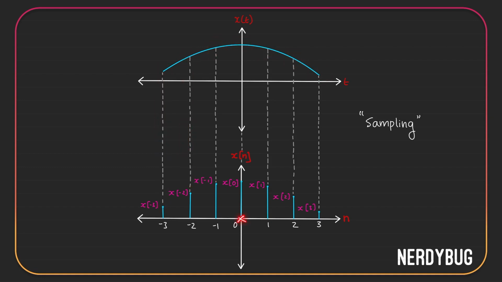So at 0, I got x of 0. At 1, I got x of 1. At 2, I got x of 2. Then I got x of 3. Similarly, on the other side, I have x of minus 1, minus 2, and minus 3. So what I have got over here is a discrete time signal. So basically what I did is I converted a continuous time signal x of t into a discrete time signal x of n by a method called sampling.